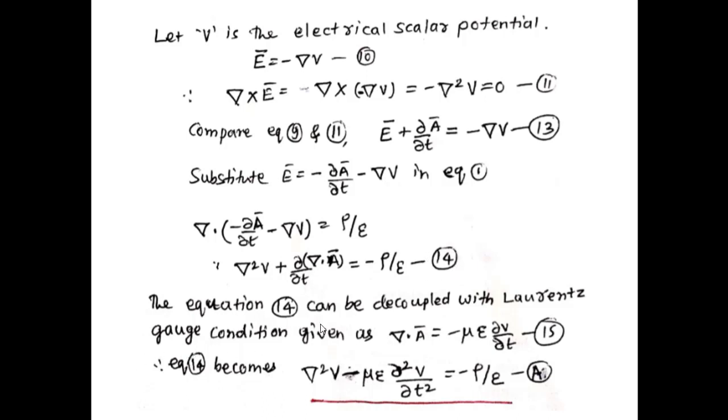Equation 14 can be decoupled with the Lorenz gauge condition given as del dot A bar is equal to minus mu epsilon dou V by dou t, equation number 15. Therefore, equation number 14 becomes del square V minus mu epsilon dou square V by dou t square is equal to minus rho by epsilon. We call it equation number A.